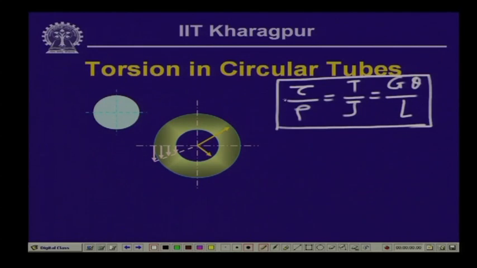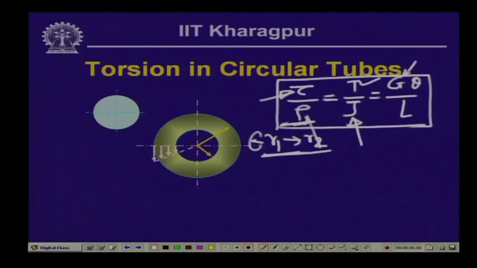Tau is the shearing stress, rho is the radial distance, and here rho becomes effective between R 1 to R 2. Below R 1, since there is no material, it is not effective. T is the twisting moment, J is the polar moment of inertia, G is the shear modulus, theta is the angle of twist over the whole length of the bar, and L is the length of the bar.